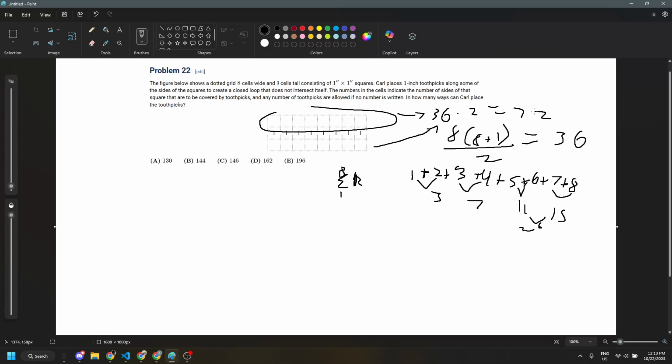Okay. And now we just have to do that times 3 actually, because we could just do the same thing here, except we could do like this, we could do this, we can do this. So we just have to not include 1 by 1s because that doesn't work, because we're going 2 on this one.